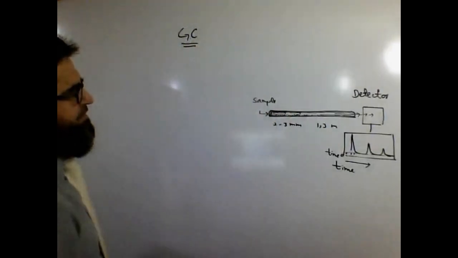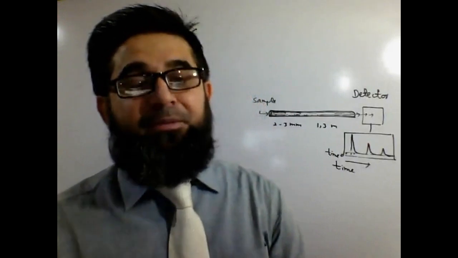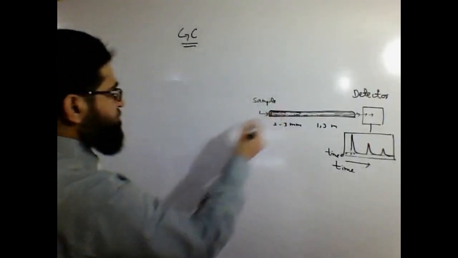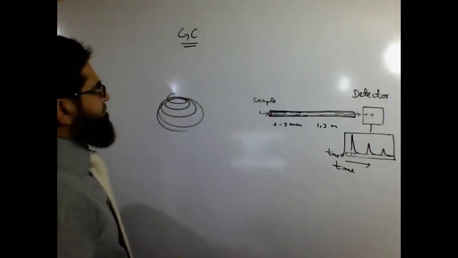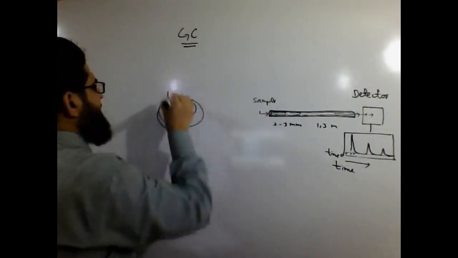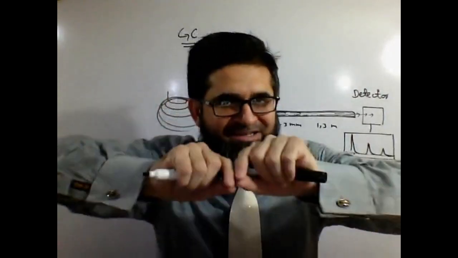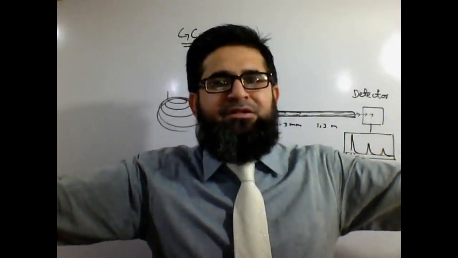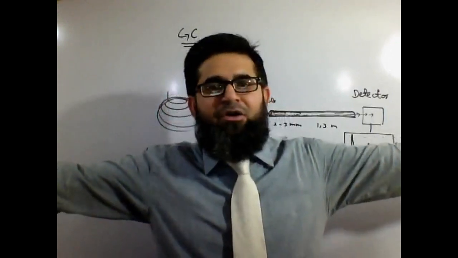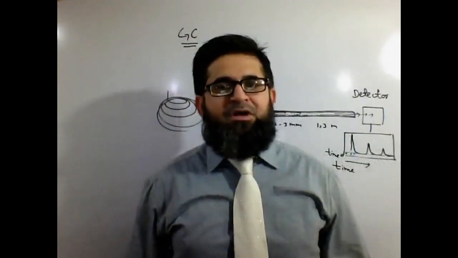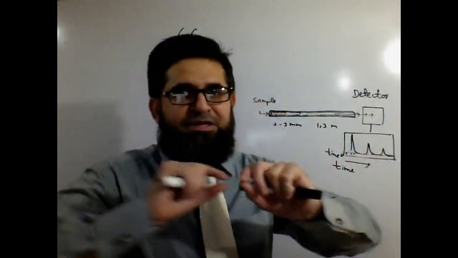Then I told you that in the GC, as the column's length is like 1 to 3 meters or maybe more, those columns have been spiraled into a circular shape, because a 3-4 meter column can't be placed straight. Otherwise the GC machine would be pretty long, like 4 or 5 meters.